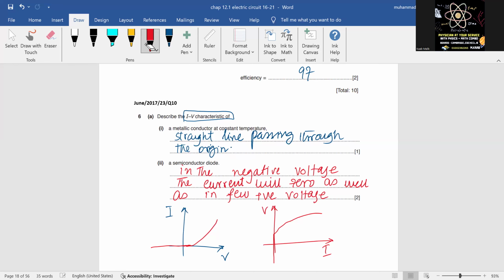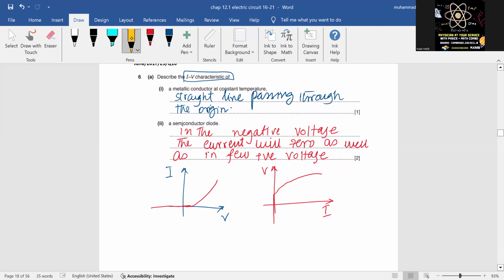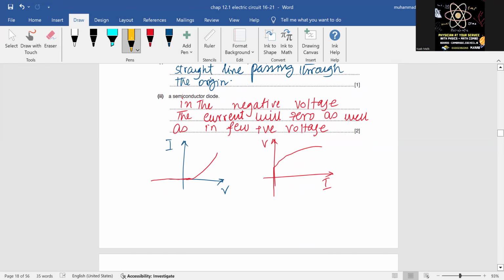This is for one mark, and for the other mark, you can say that it is a straight line with positive gradient for the rest of the positive voltage.